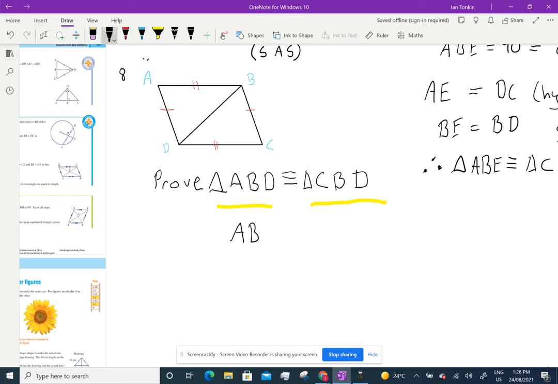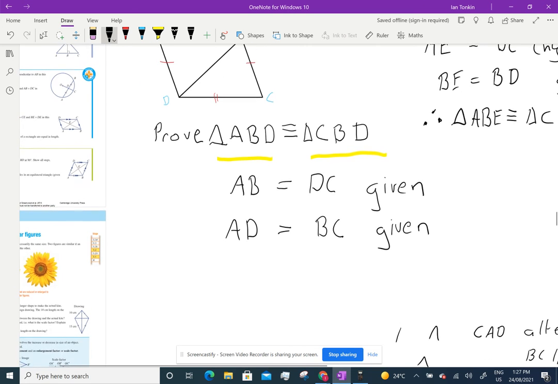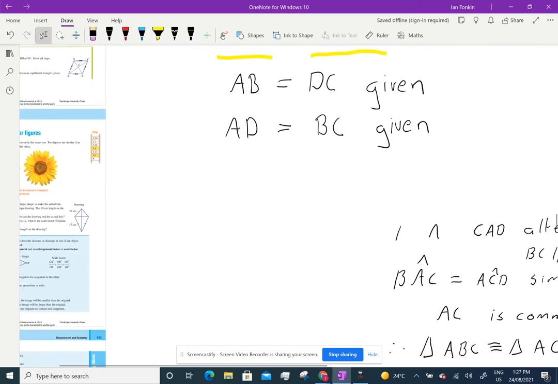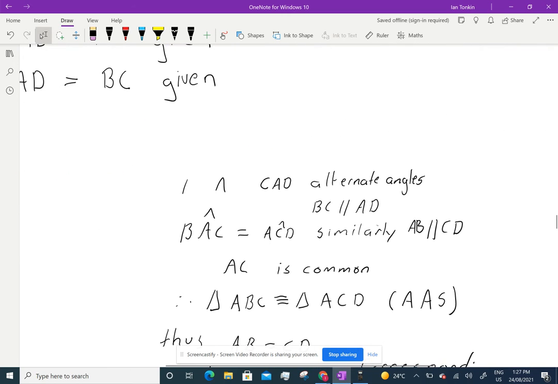So AB equals DC, given. It was in the information. AD equals BC, given. Okay. Well, we've got some stuff here from previous, so let's get rid of that.